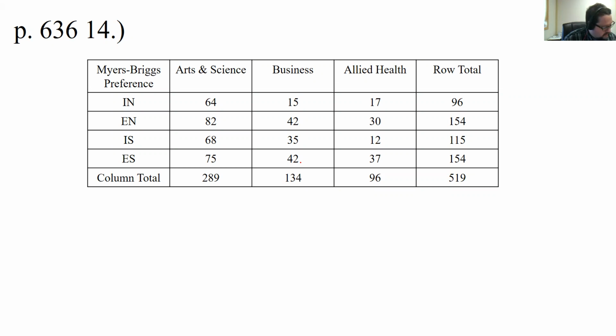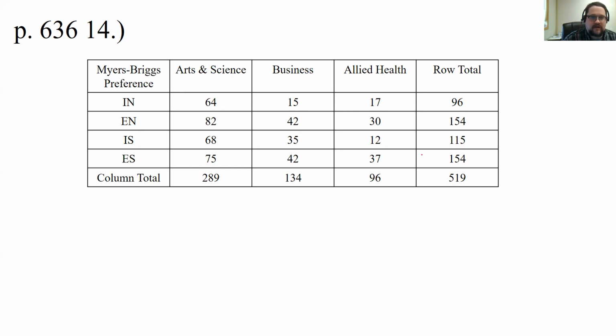We're going to use a chi-square test to determine if the Myers-Briggs preference is independent of the area of study at the 5% level of significance. So these are our 2 variables, your preference there, and then whether someone went into arts and science, business, or allied health.